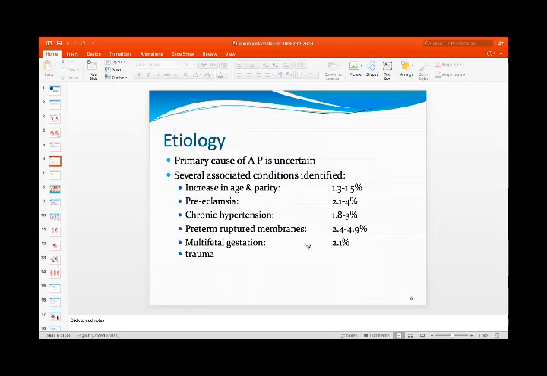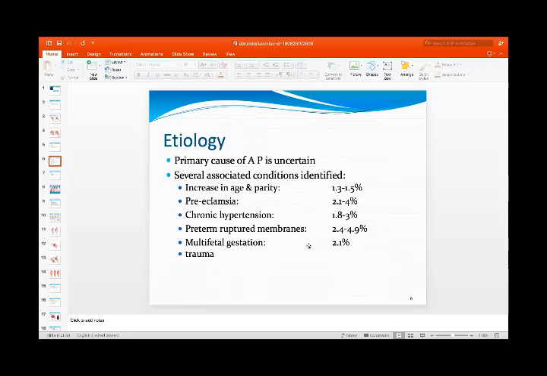What is the cause and what is the etiology? In most cases the cause of abruptio placenta is uncertain, unidentified, and several associated factors can be identified in other cases, like advanced maternal age and parity, preeclampsia, raised blood pressure, and chronic hypertension.